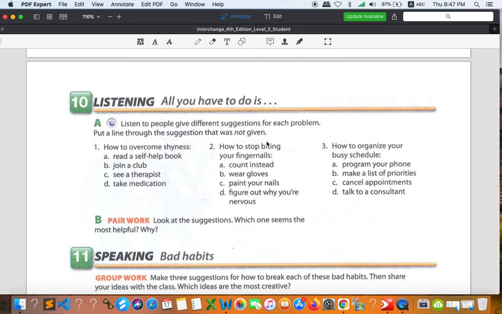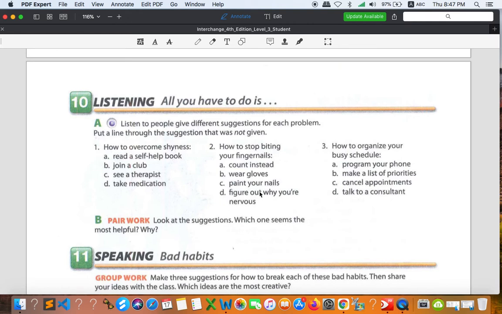What about number 2? How to stop biting your fingernails. So why do you bite your fingernails? You have to understand your own feelings. Why do you bite your own fingernails like that? So A, you have to count instead. Instead of biting your nails when you're nervous, perhaps you can count instead. Wear gloves, maybe. Paint your nails so that when you take a look at your fingernails, you don't want to bite because it's colorful.